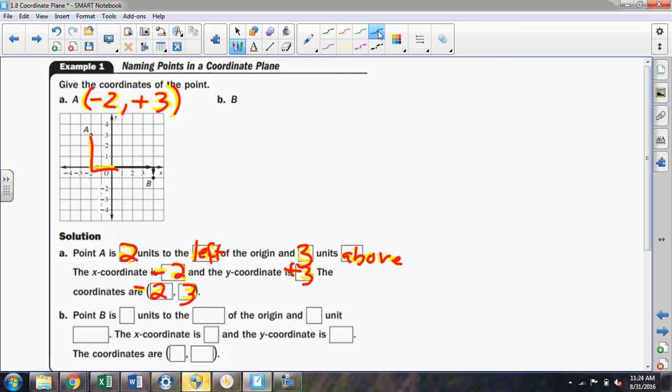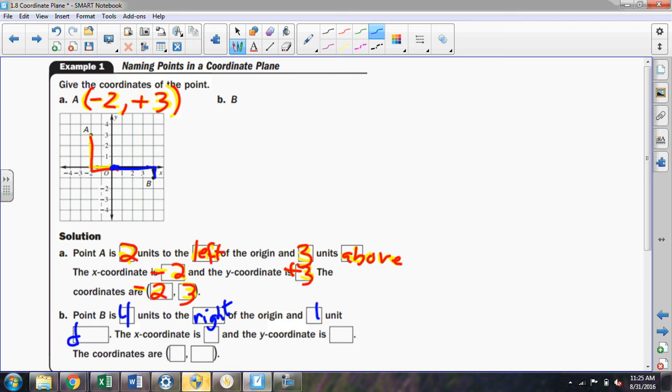Okay. All right, so we'll continue doing the same thing for point B now. Point B, from the origin, we had to go to the right and down. How far to the right did we go? 4. All right, so we went 4 units to the right of the origin, and we also went how far down? 1.